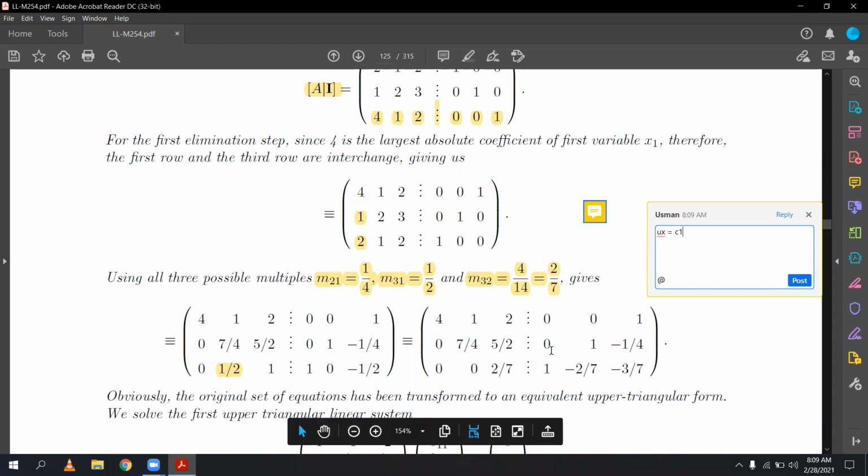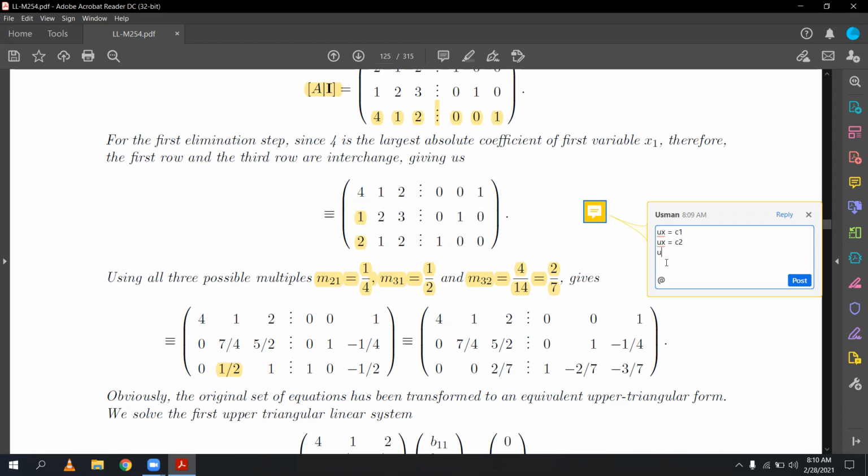Then you find the solution, and that solution is the first column of A inverse. Then you repeat again, U is the same. Ux is equal to the second column of the split matrix. And then you have the second column of A inverse.